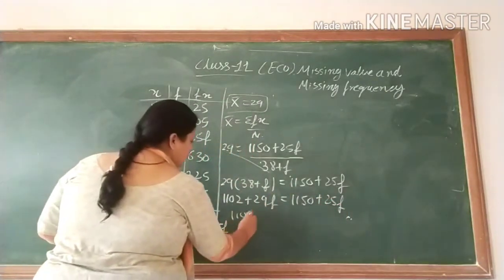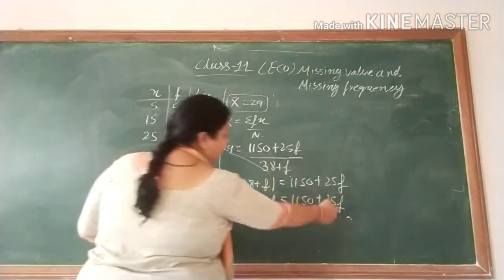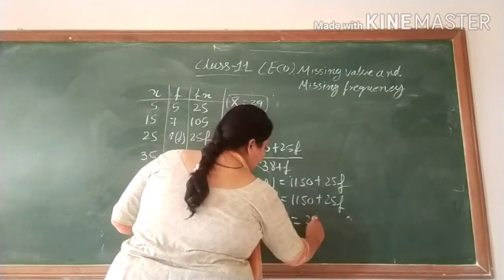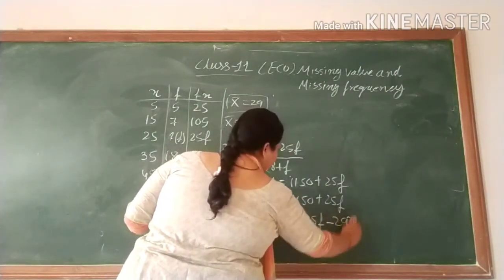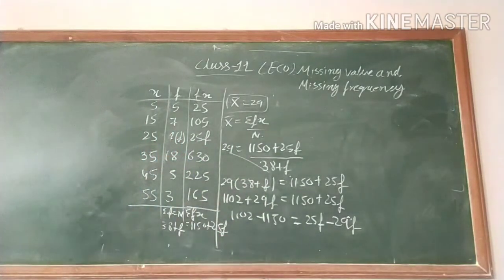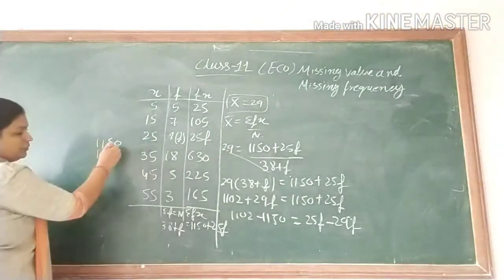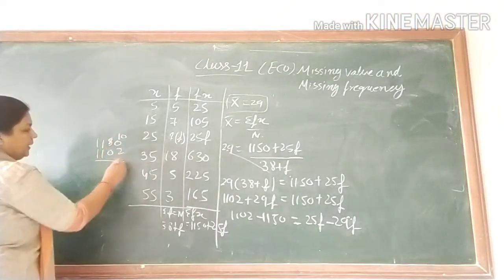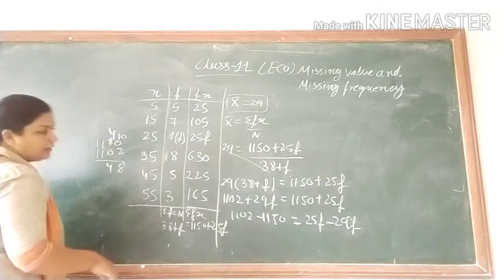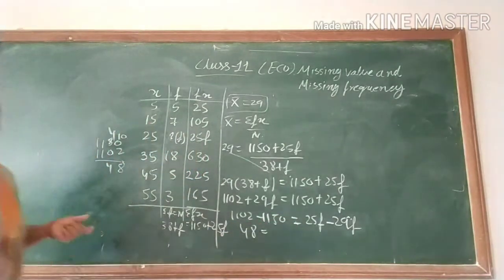Now 1102 minus 1150 and इसको यहाँ ले आए, इसको वहाँ ले जाएंगे. 25f, f सेट कर लेंगे, variables एक सेट करेंगे. So 1150 minus 1102, what you want? You do 1150 minus 1102. So that is 48.